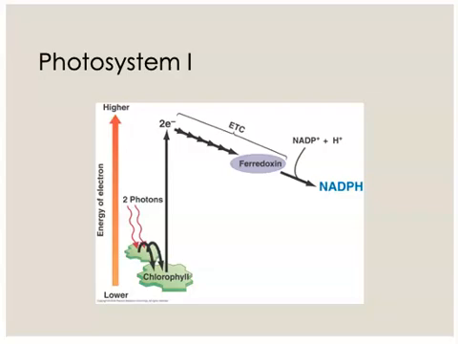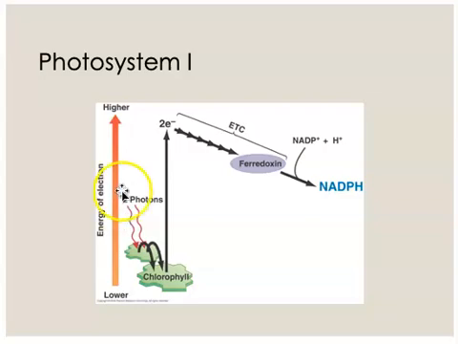This is a drawing that's very similar to the drawings we looked at for photosystem 2. Remember, ignore the balance numbers in this drawing. It's not important that you think about whether 1 or 2 photons are being absorbed for each electron that's being transferred.